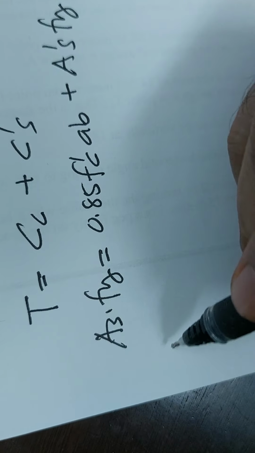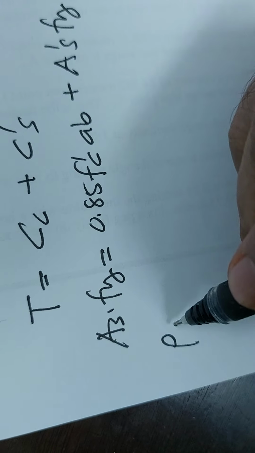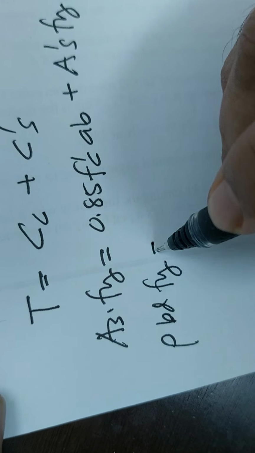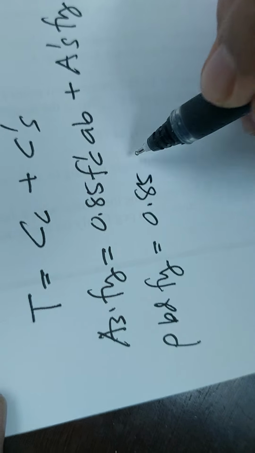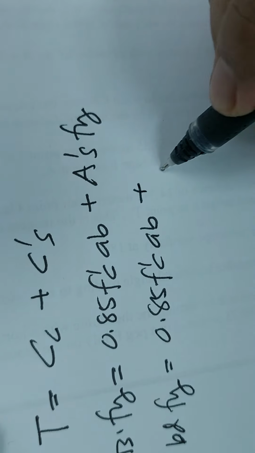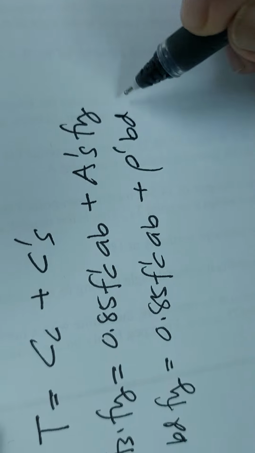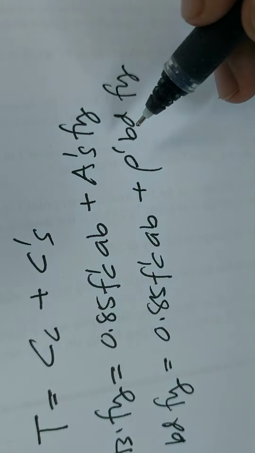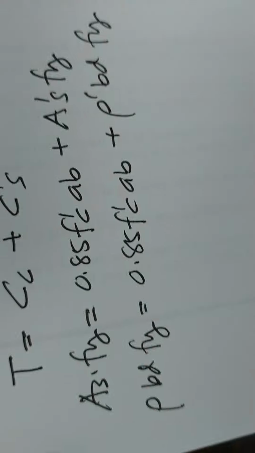Again, you have here AS as rho BD Fy, equal to 0.85 F prime C AB, plus rho prime BD Fy. Therefore, rho prime is intended for the compressive reinforcement steel ratio.